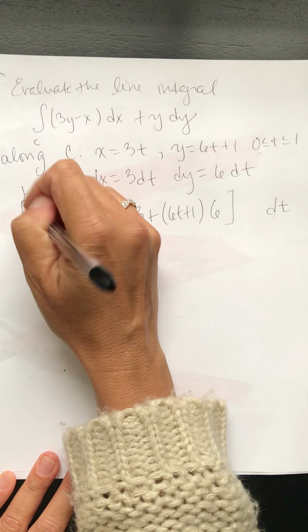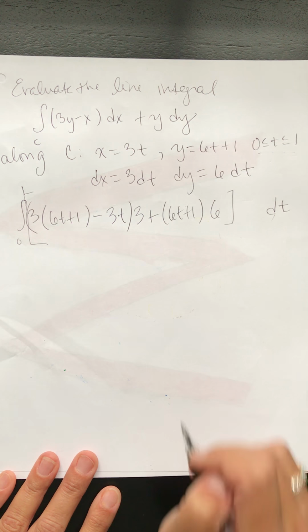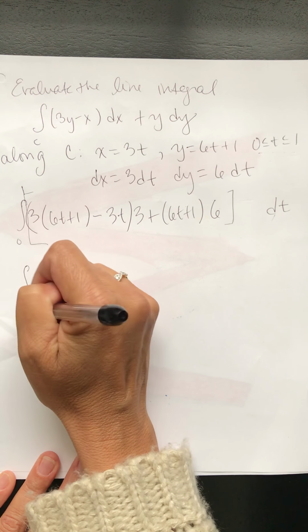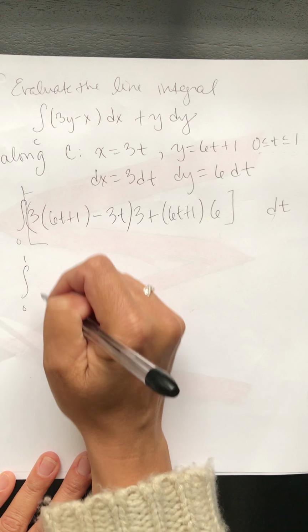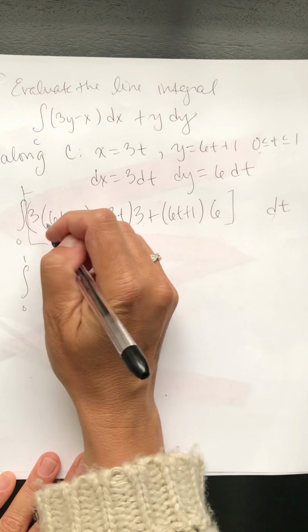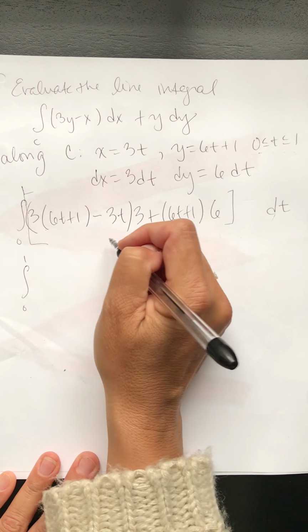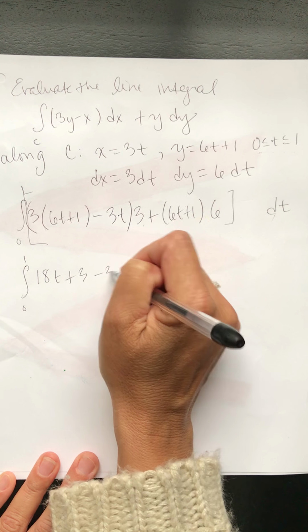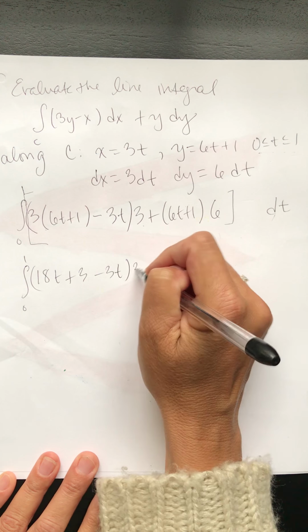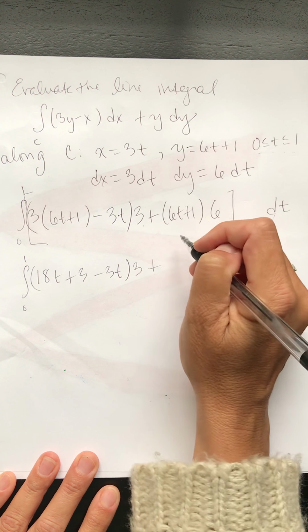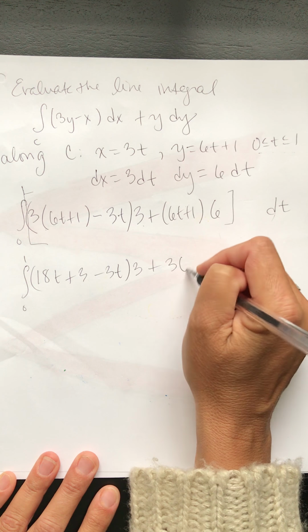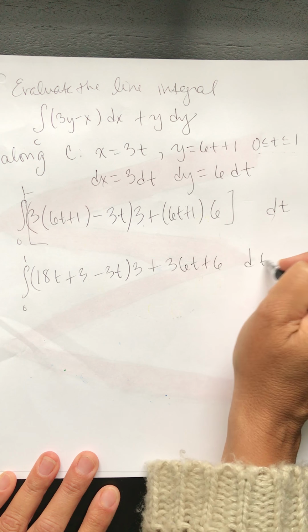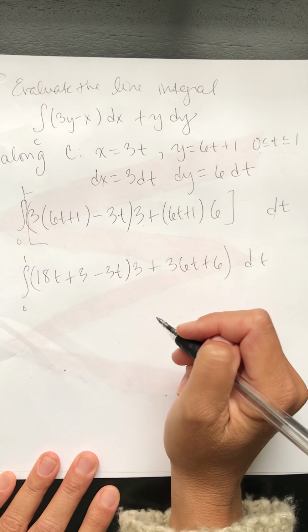So this dt goes to everything. Because it's in everything, I can kick it outside. So let's do a little algebra, which we all know is my kryptonite here. So I get 3 times 6t plus 1, minus 3t, all times 3, plus 6 times 6t plus 1 is 36t plus 6, all dt.